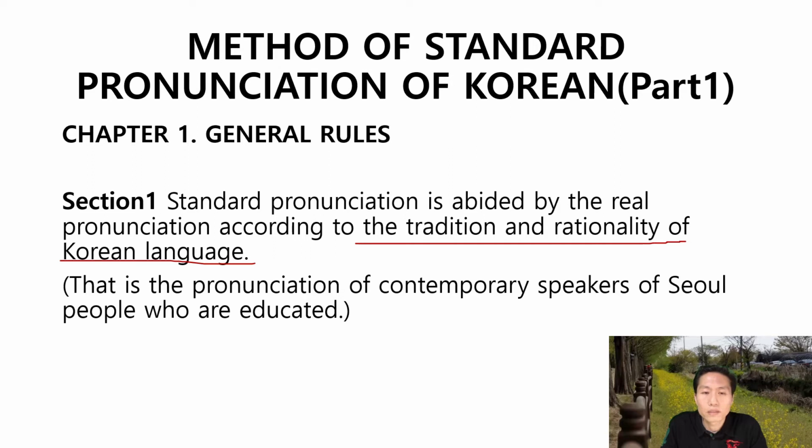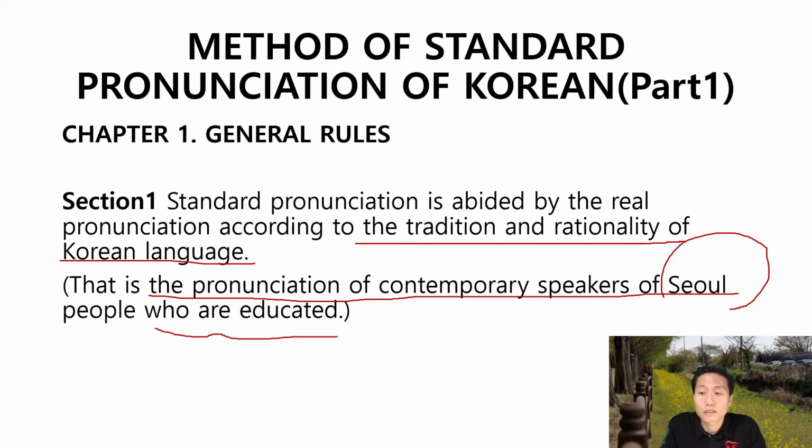It is the pronunciation of contemporary speakers of Seoul people. Seoul is the city of where? Yeah, South Korea, the capital city of South Korea. The speakers of Seoul people who are educated. So that is the standard pronunciation of Korean language.